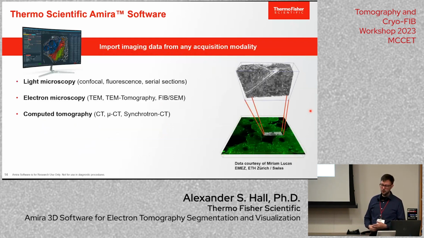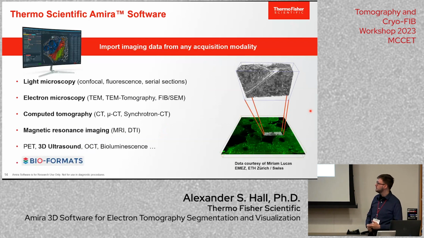As I mentioned, if you have other modalities, we can do correlative work inside of the software, following up excellently, I think, on Jay's talk from just a moment ago. We can do 3D image registration or 2D image registration, although most people get Amira for its 3D capabilities, of course.